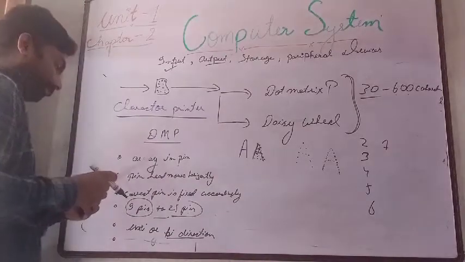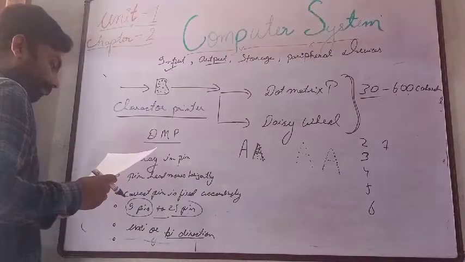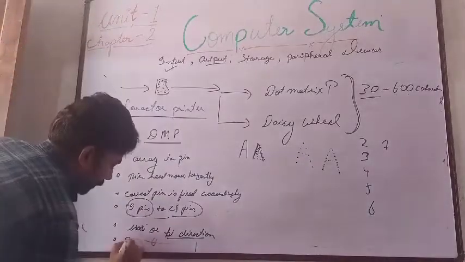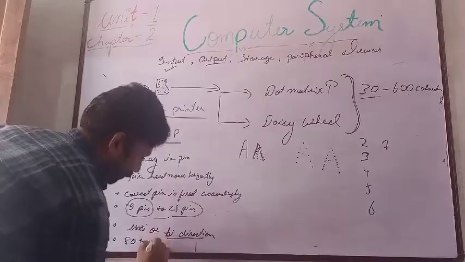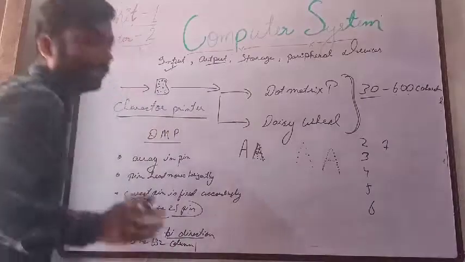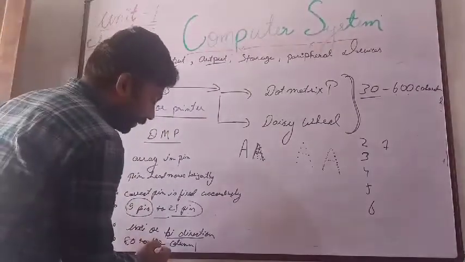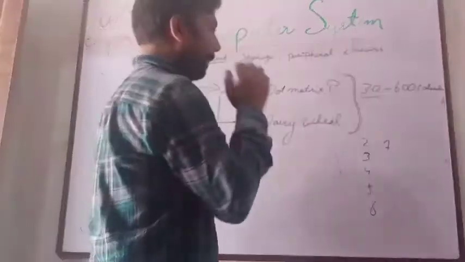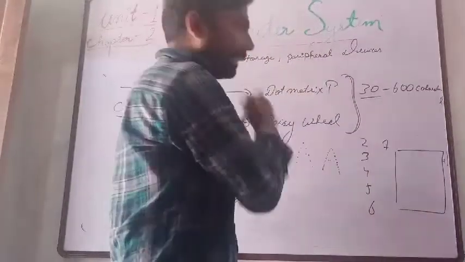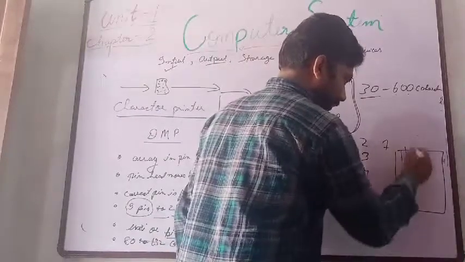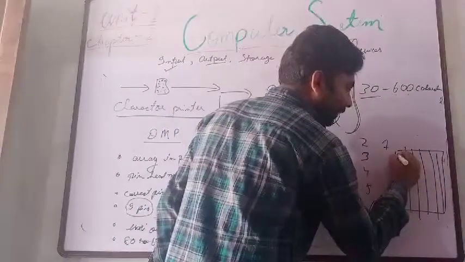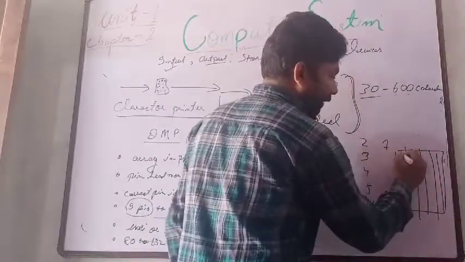Okay, now this is also a thing to be remembered. 80 to 132 columns. See, this is a page. In the page, columns have been decided, meaning you can write one character in one column, another character in another column.